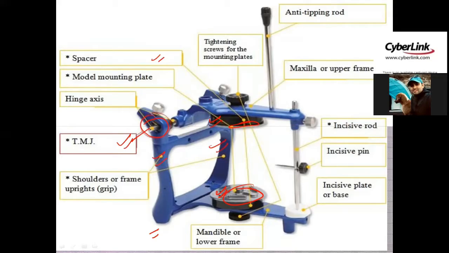This is used for tightening of mounting plates accordingly, anti-tipping rods, maxilla or upper frame. This is incisive rod, incisive pin, which we use for midline, incisive plate or base, where incisive pin rests. This is your mandibular frame or assembly, right?